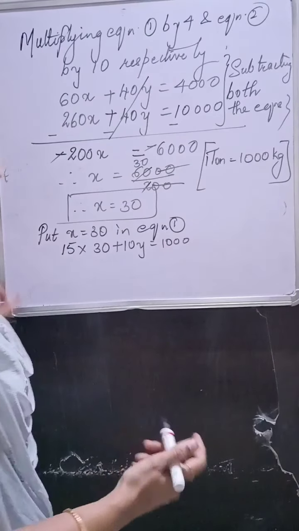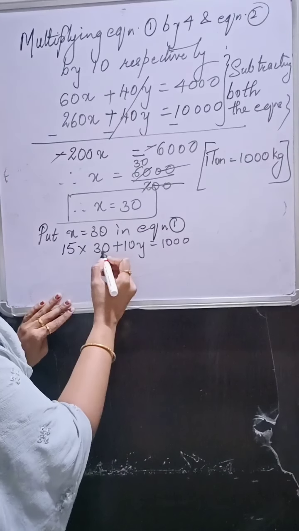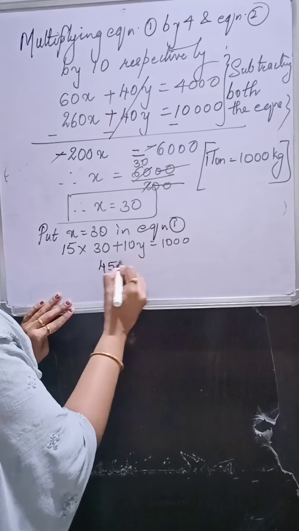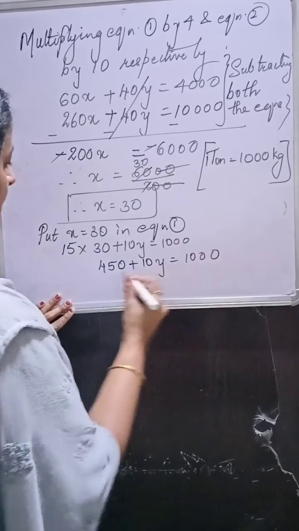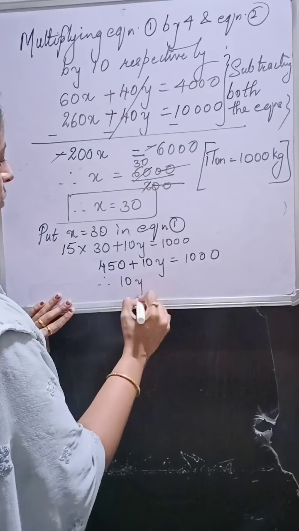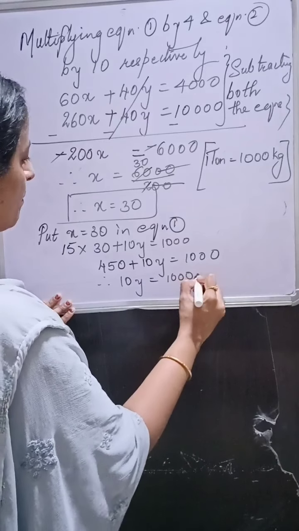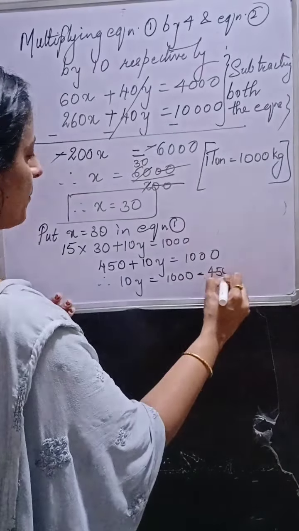So solve it. 15 into 30 will be 450 plus 10y is equal to 1000. Therefore 10y is equal to 1000 minus 450.